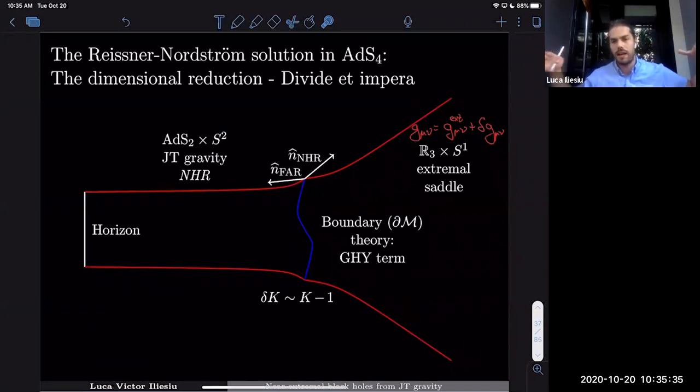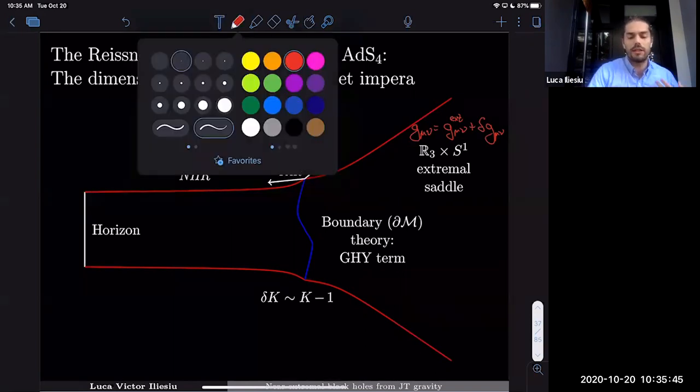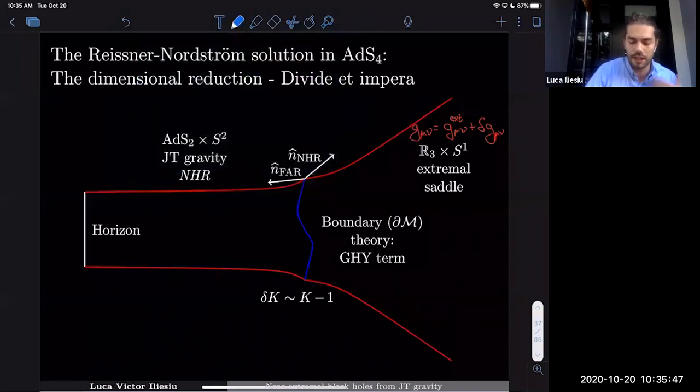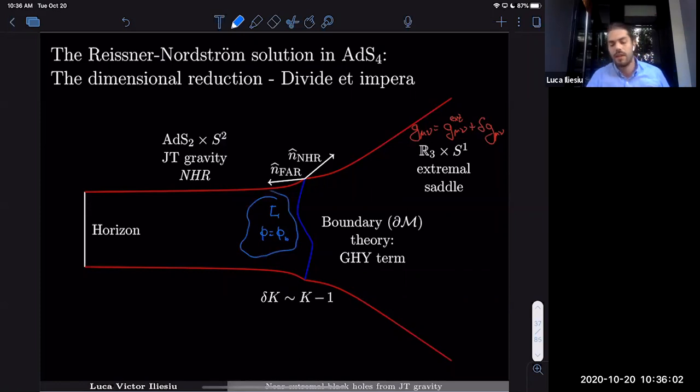I cannot specify the location of the curve in a diffeomorphism invariant way, but I can specify diffeomorphism invariant quantities, like saying that I want the curve to have a fixed proper length, L, and a fixed value of the dilaton, phi equal phi_b, let's say. So this curve can be anywhere as long as these two properties are satisfied.